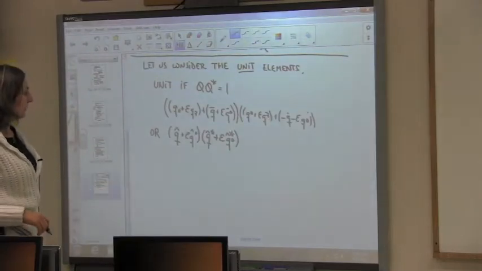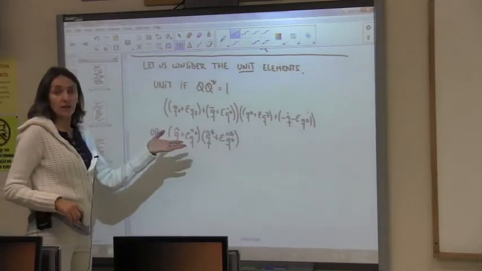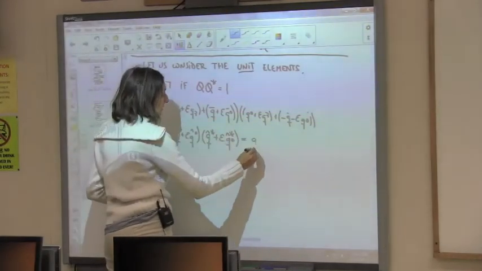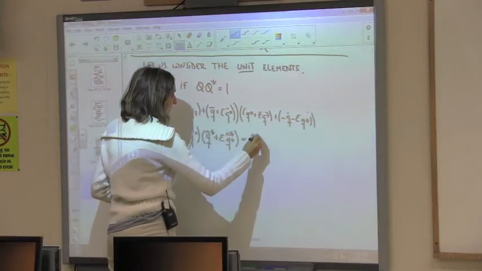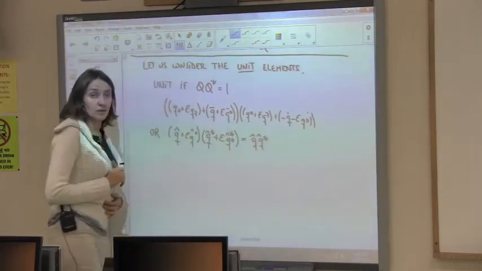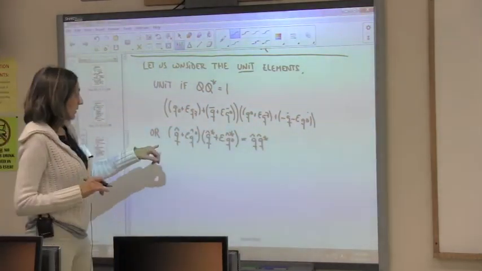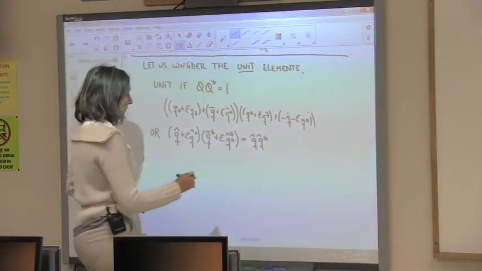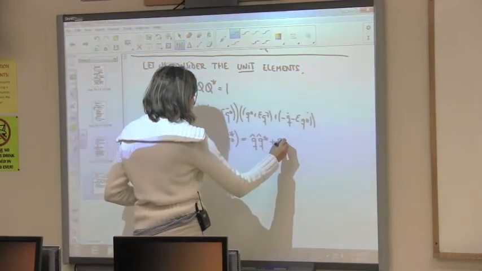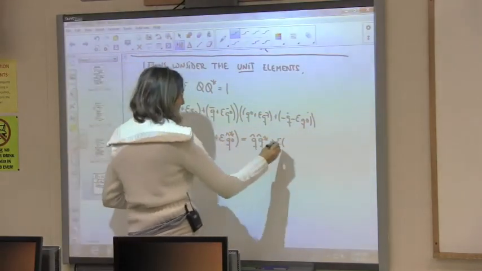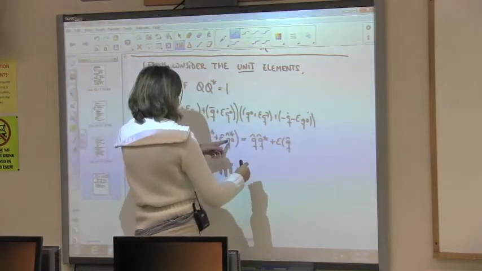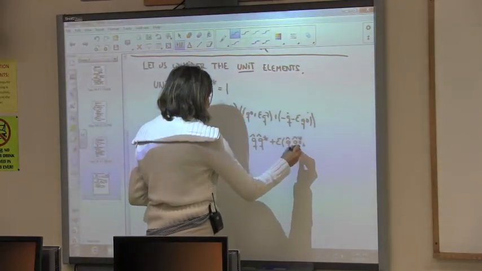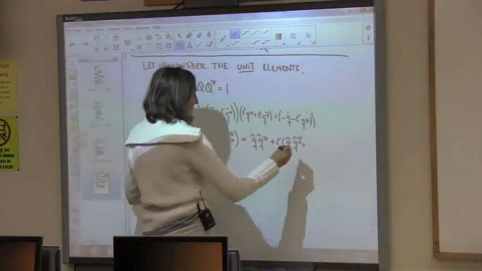Okay, let me just put this up so that you guys can see it. So if we can operate here to get an easier solution, it will be q q conjugate. This is basically a unit quaternion if this is equal to 1. And then we have q0 epsilon q0 conjugate plus q conjugate q0.